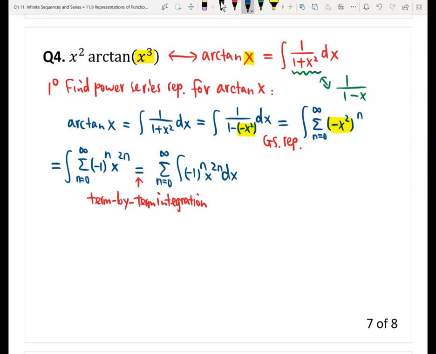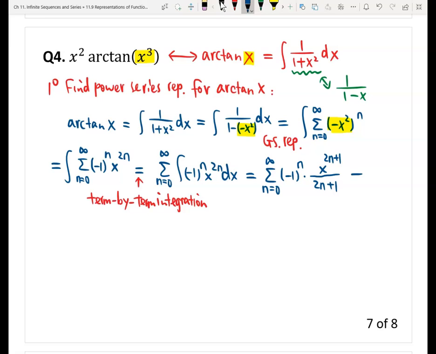Now easy, right? Each term of this integral is a power, so the antiderivative is still a power, right? So let me write down. If we do the calculation, now we get -1 raised to the nth power times x to the power plus 1, increased by 1, over 2n plus 1, and the term starts from 0 to infinity.